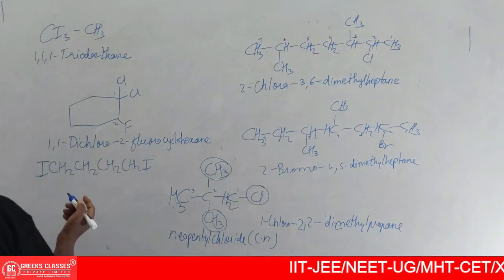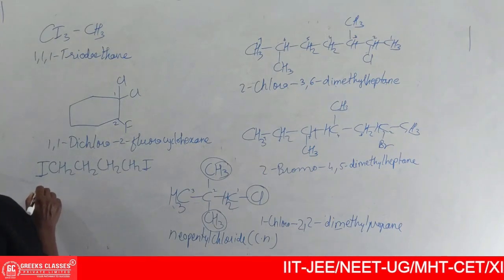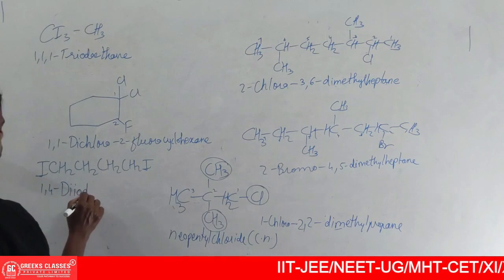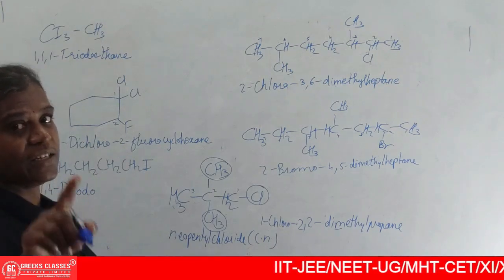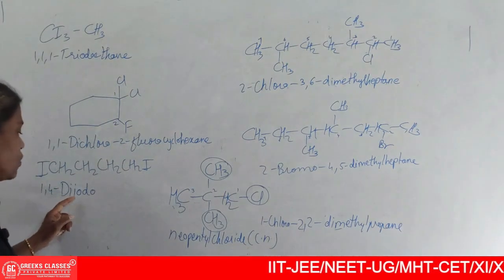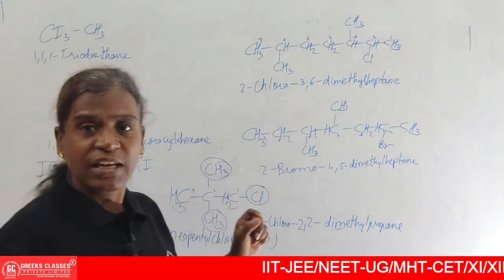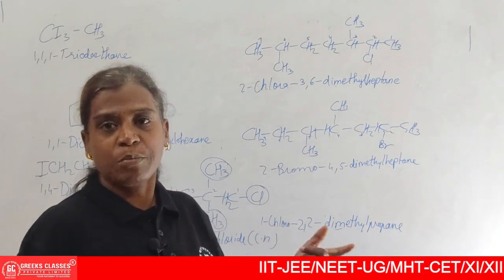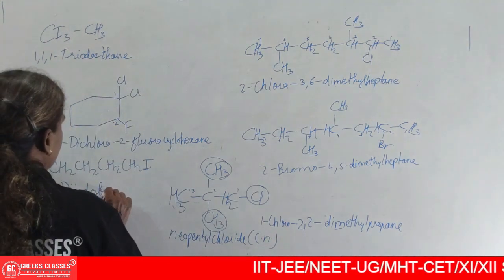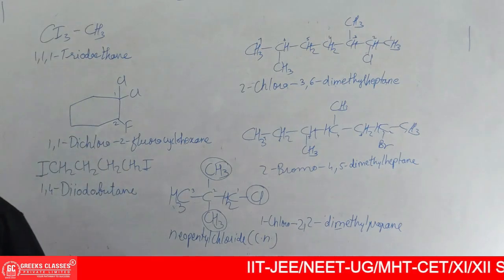At the same time, it is carbon number 1 and 4 that have iodine, so 1,4-diiodo. Do not miss out any letter: write Di for di and iodo, I-O-D-O. Do not miss out any letter even if it is repeating. So it is 1,4-diiodobutane. Hope it is clear.